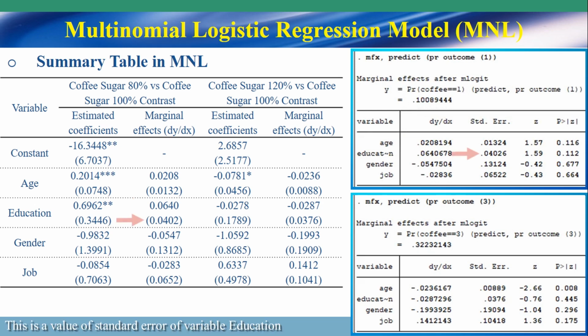This is a value of standard error of variable education. And this is a value of marginal effect of the variable age of the coffee that has sugar 120% compared with the coffee that has sugar 100%. And this is a value of standard error of variable age.